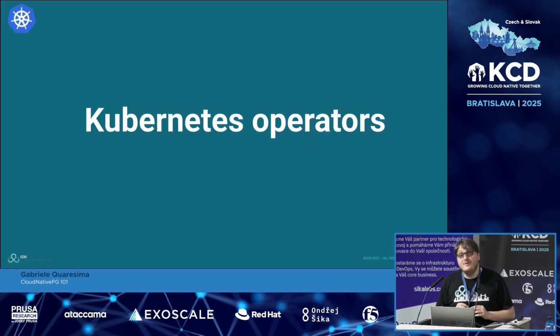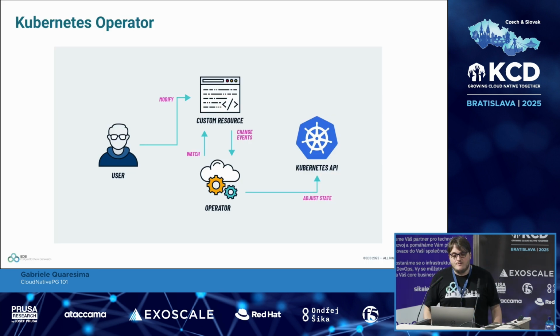So let's talk about the other piece I need to show you before diving into CloudNativePG, which is Kubernetes operators. Basically, there is a user modifying a custom resource, and there is an operator watching this custom resource and adjusting the desired state with the Kubernetes API server.